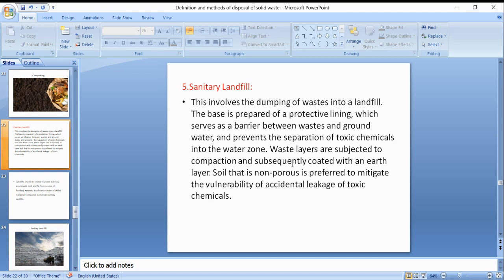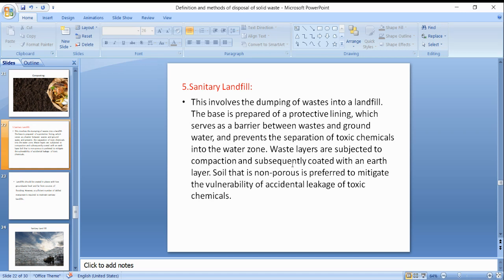If a barrier, an impervious layer, is not provided, and the waste contains wet content, that wet content will go into the soil. The water should not go into the groundwater, and the lining prevents the seepage of toxic chemicals into the water zone.